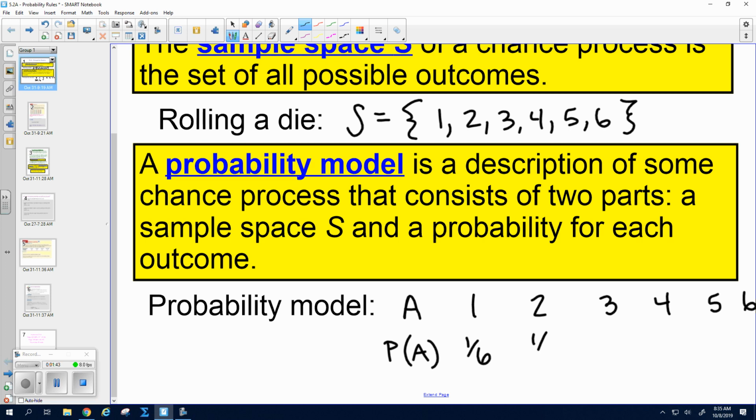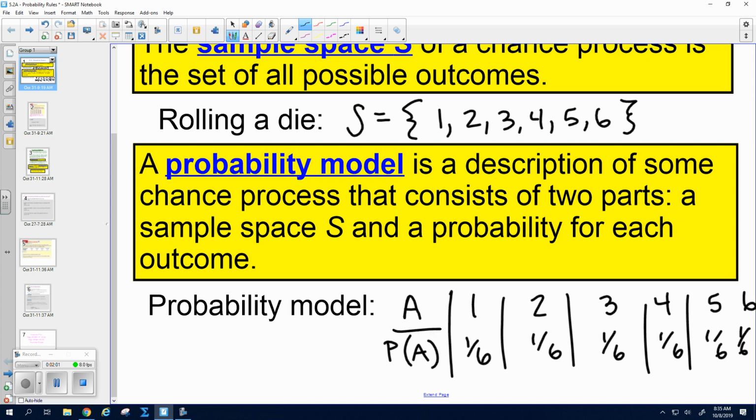A 2, 1/6. A 3, 1/6. A 4, 1/6. A 5, 1/6. And a 6, 1 out of 6. All right, so that would be a probability model if you list all your outcomes and the probabilities that go with those. And it might be in a table. It's usually how we see it, okay?